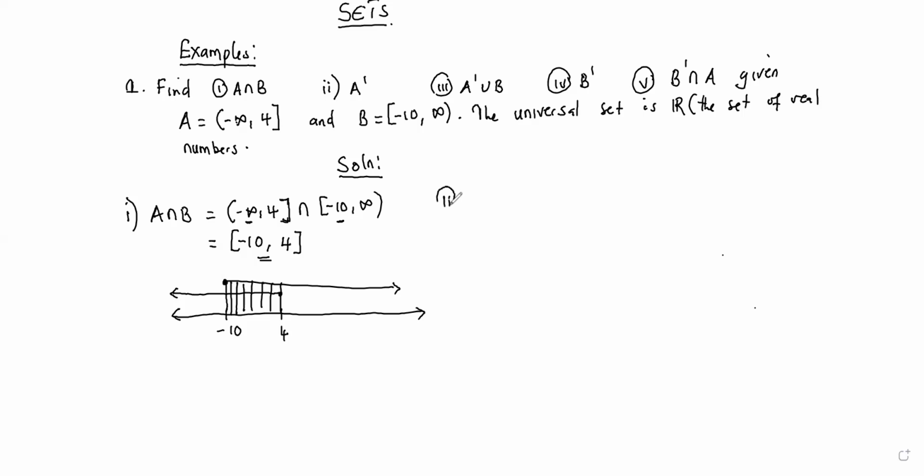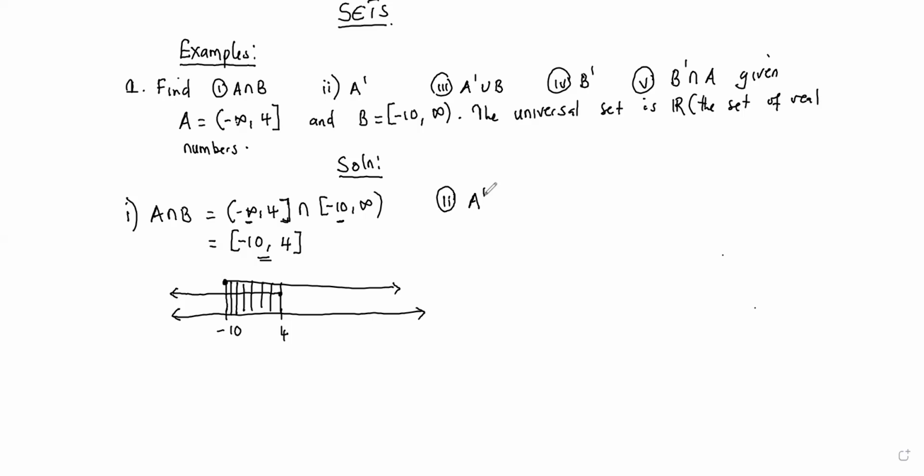We got part 2. Part 2 talks about A complement. So the complement of A is a set that is within the universal set, but not part of A. So it's not in A, it's that part which A leaves out.